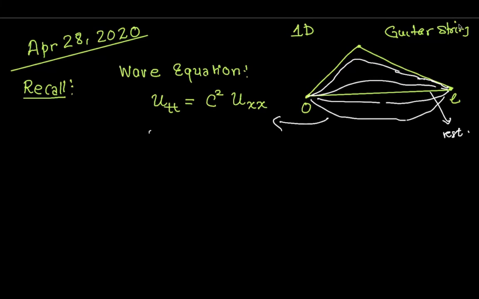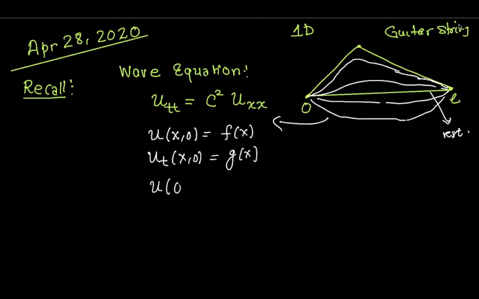You need the initial profile, meaning how much you initially pull the string. You also need two initial conditions because this is second order in time, and then you need a boundary condition. The boundary is fixed, so u at 0 is equal to 0. There is no movement at the boundary, so everything is 0.